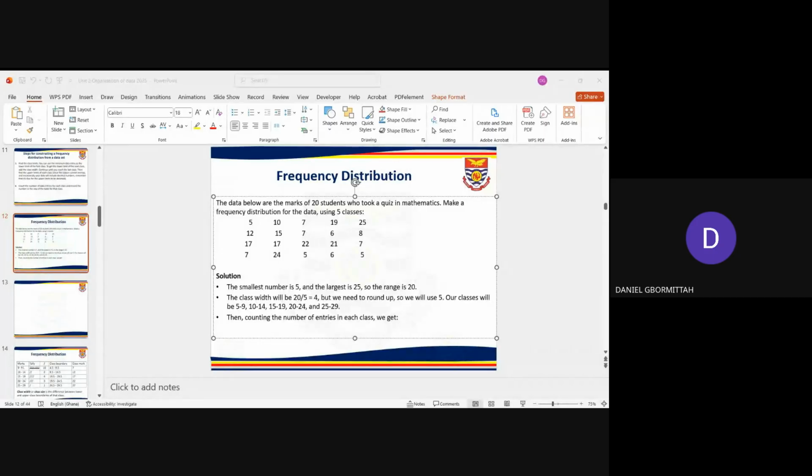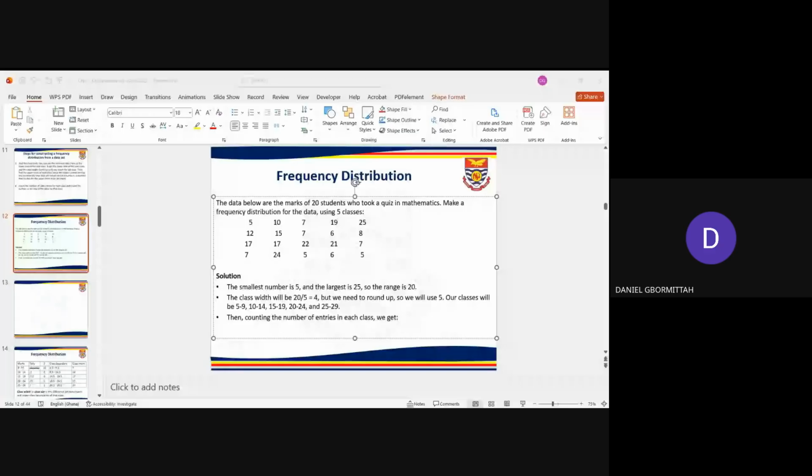The number of people in the class is not the same as the classroom. The class is from 5 to 9, and the number of people in that class will tell us the size of the class, mathematically.